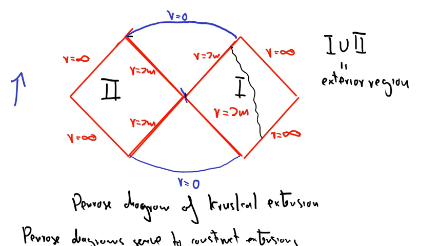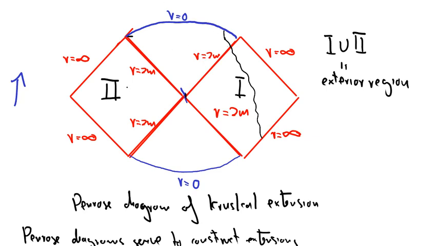boundary of region 1, and he can enter this other region. Once he enters these regions, there's no way for him to come back to region 1 or approach region 2, because if he tries to approach region 2, he would have to follow a space-like path, which is not possible for an observer. So he will end up in r equals 0, which is a singularity.